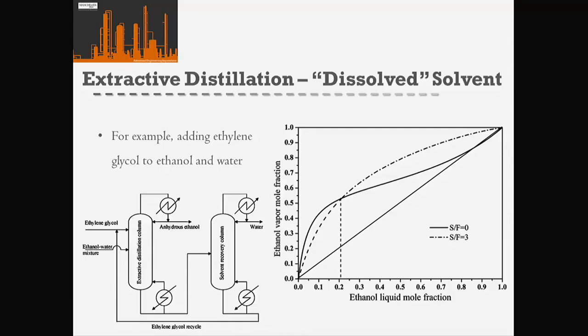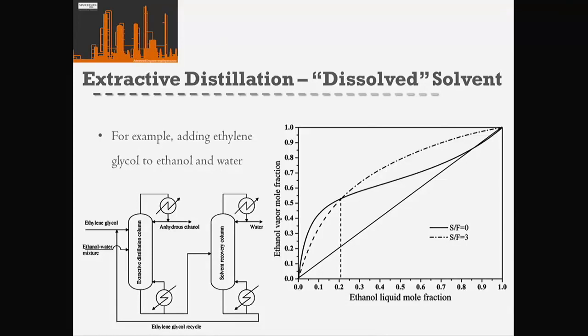So I like to think of the potential for this extractive distillation in two ways. Okay? So if we can find a solvent that we can actually add to our system where the boiling point is so much higher than the boiling point of the two components that we're separating, essentially in our column, that component that we're adding basically never boils.